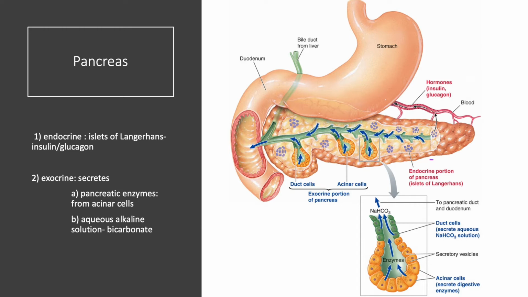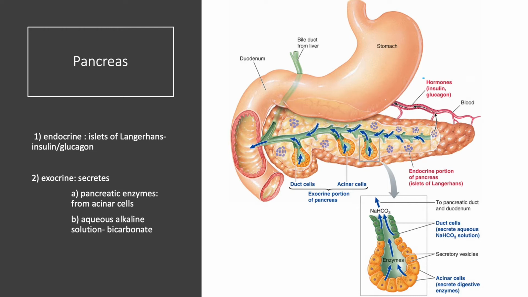We have these clusters, shown here in violet, these clusters of pancreatic cells. And those cells, termed the islets of Langerhans, they secrete insulin and glucagon. You've heard of these probably before. Insulin allows the cells to absorb glucose from the blood, while glucagon triggers a release of glucose from the liver.